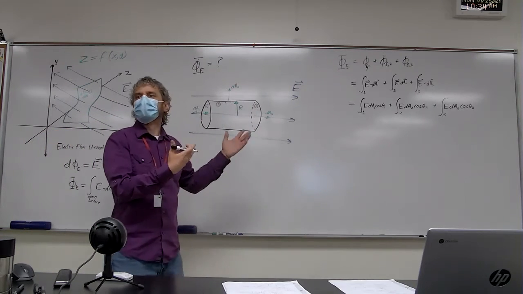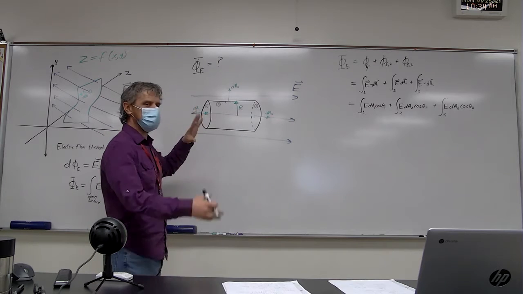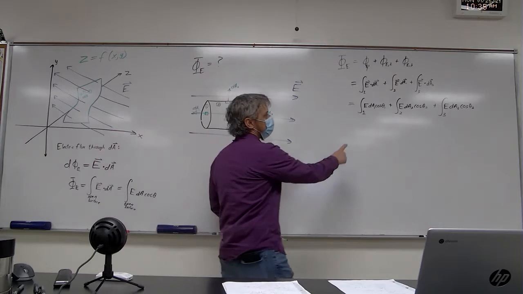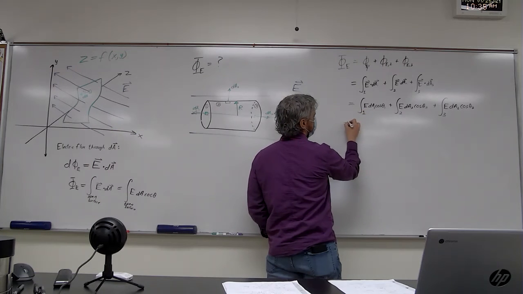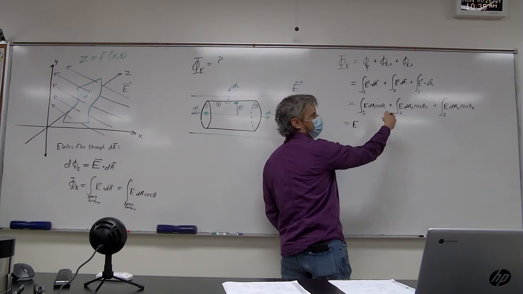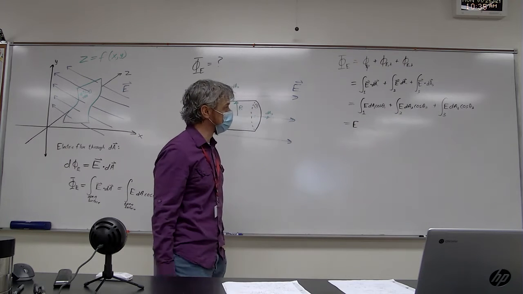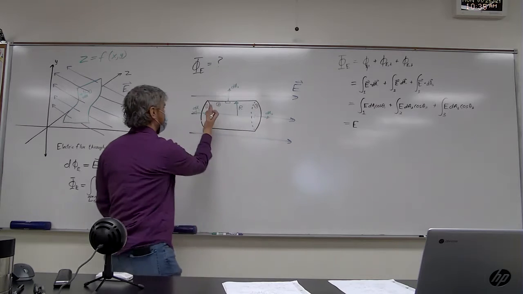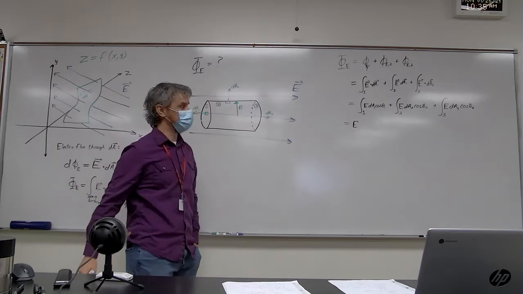But if we have this symmetry, if we have the nice orientation of my cylinder and my electric field, it's pretty easy. Because the electric field is constant, right? So I can bring the electric field out of all three of these integrals. The cosine of the angle is going to be constant, right? The angle itself will be constant because the surface is not changing its orientation.